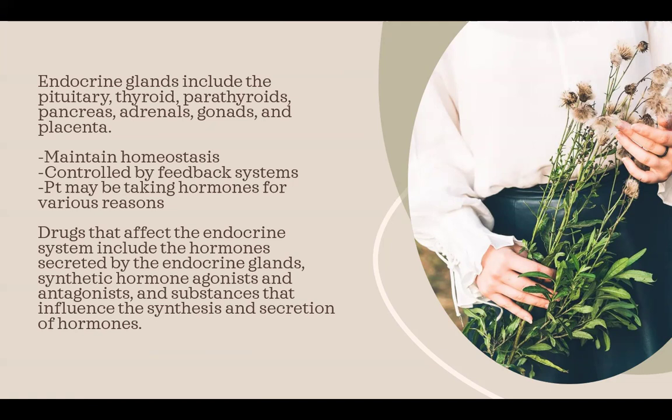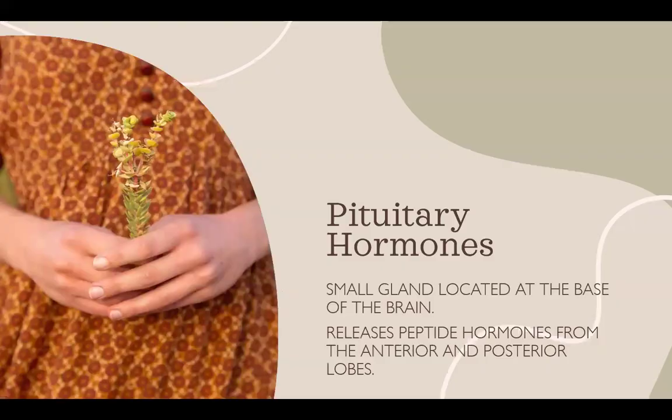Insulin is also a feedback loop. Patients may be taking hormones for all kinds of different reasons. Drugs that affect the endocrine system include the hormones secreted by the endocrine glands, synthetic hormone agonists, antagonists, and substances that influence the synthesis and secretion of hormones.